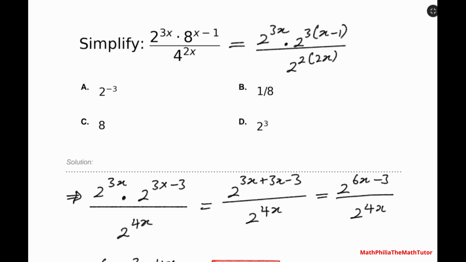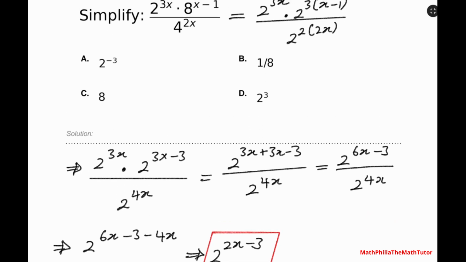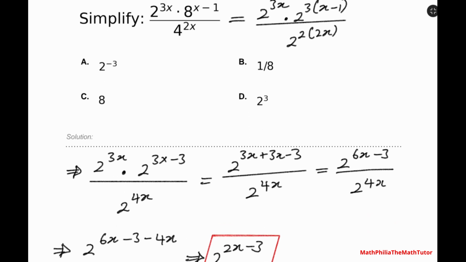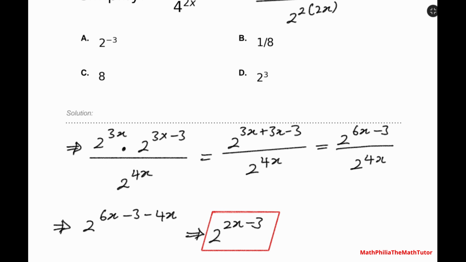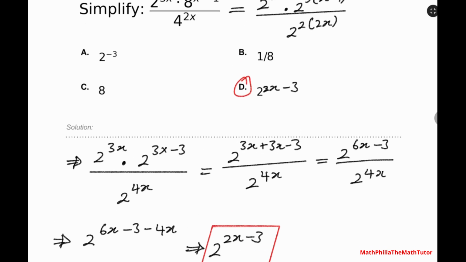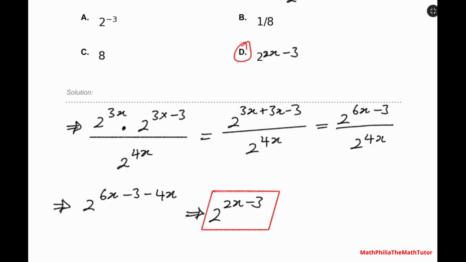So instead of that, I wrote 2 raised to the power negative 3 only. Maybe, as I said, let's change this option here. Okay, so let's say this is 2 raised to the power of 2x minus 3. Then the answer is D. Okay, don't mind about the options. The options are not very important. If you understand the concept, the explanations, that is all.